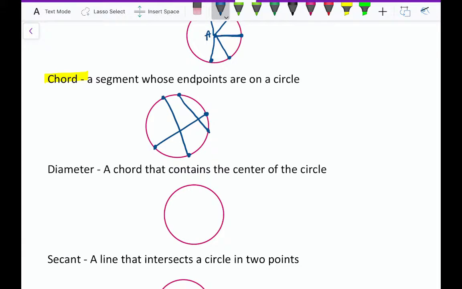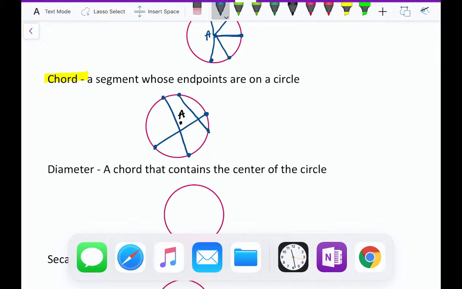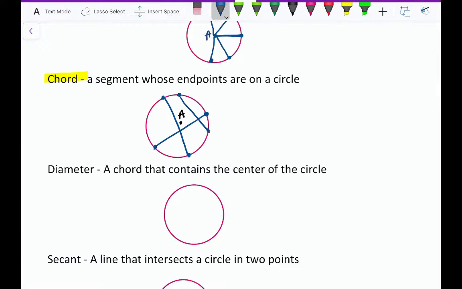Now notice I haven't labeled the center of my circle. If I put the center of my circle here and call that A, then the chord that goes through A is going to be a special type of chord that we're going to talk about in just a second. But a chord is any segment. Notice it's a segment, which means it has two endpoints, a start and an end.